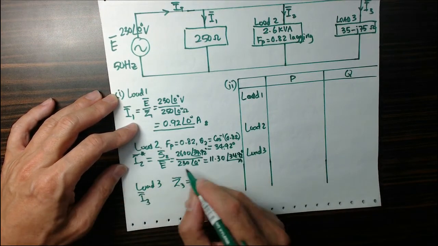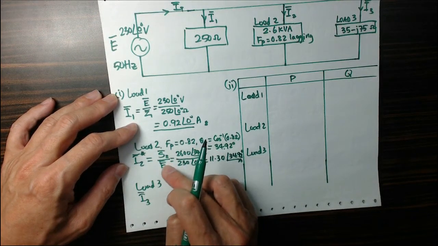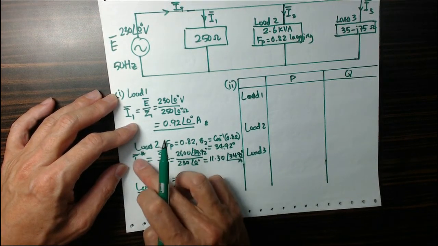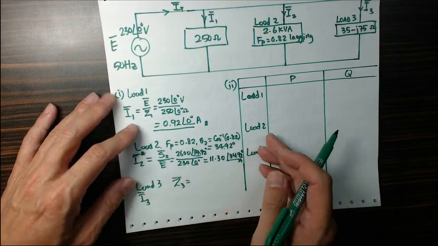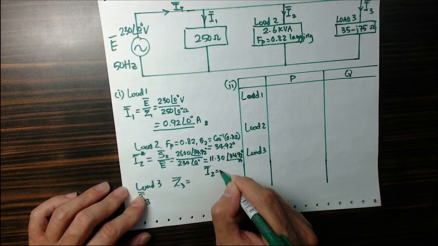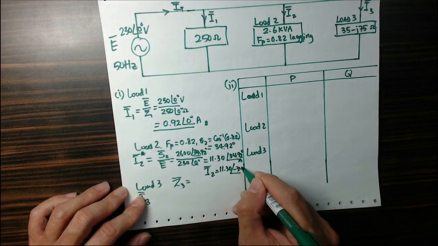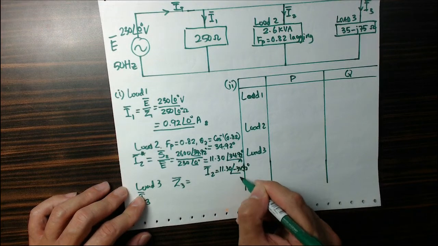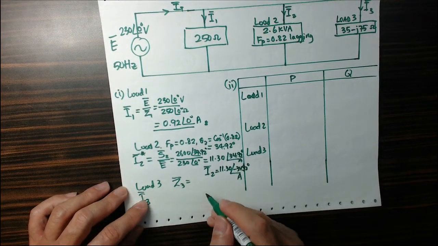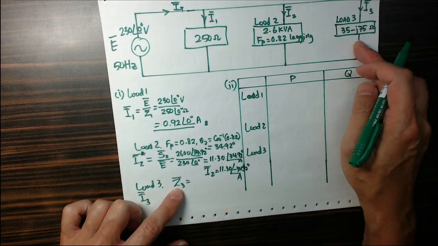But since it's a conjugate, remember this complex power is E multiplied by I2 conjugate. So I2 conjugate is just the mirror image. Therefore, I2 is just 11.30 angle minus 34.92 degrees ampere.